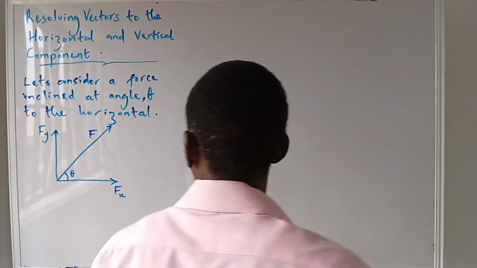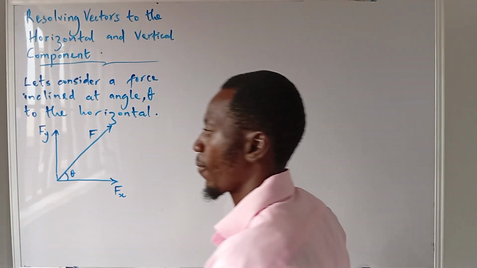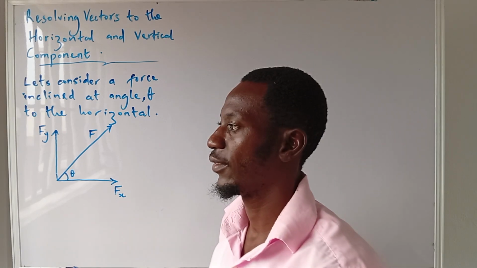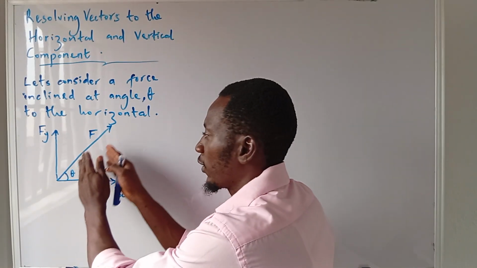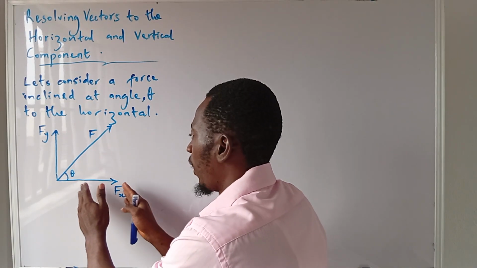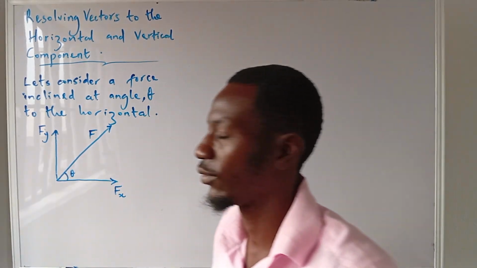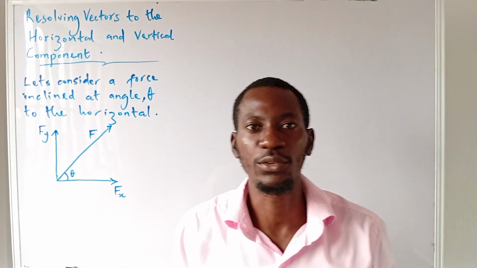In order to resolve this force F to Fx, that means to know the value of this force in the horizontal direction or in the vertical direction, some things have to be understood.